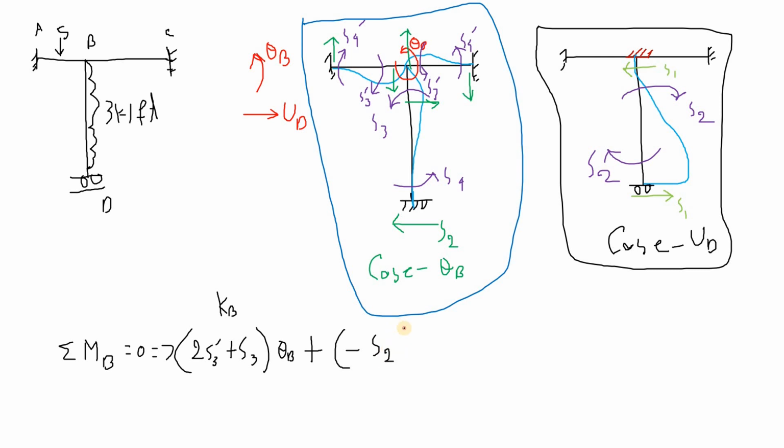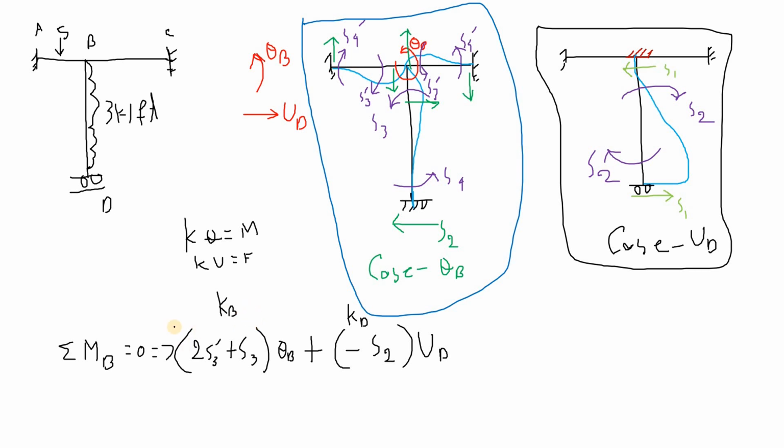So negative S2 into UD. So this K is for D. Since here is a rotational unknown, we are using K theta equals M, and since here is a horizontal unknown, a force unknown, we are using the KU equals F analogy for that point.